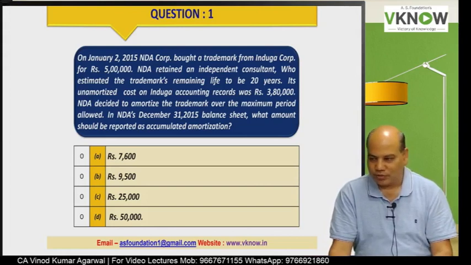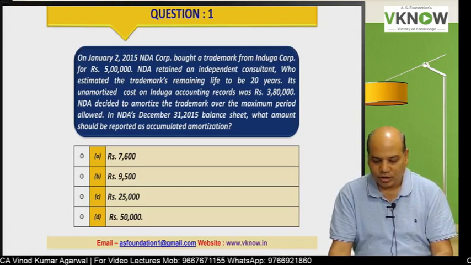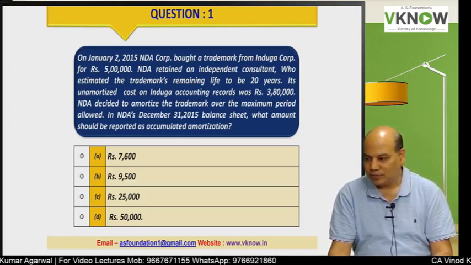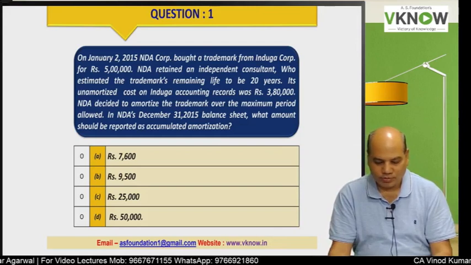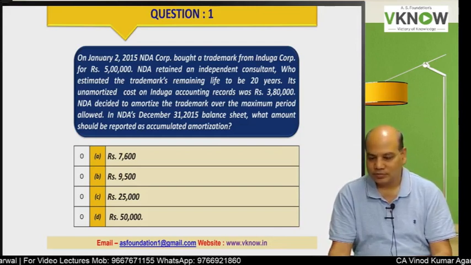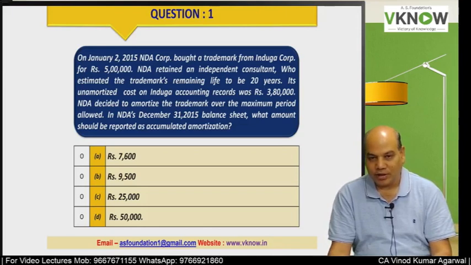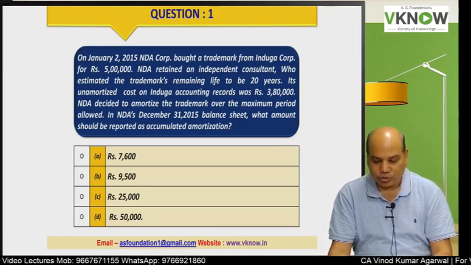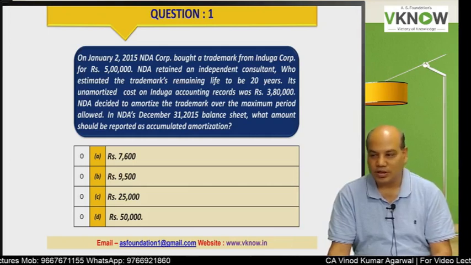On 2nd January 2015, NDA Corp bought a trademark from Induga Corp for rupees 5 lakh. NDA retained an independent consultant who estimated the trademark's remaining life to be 20 years.